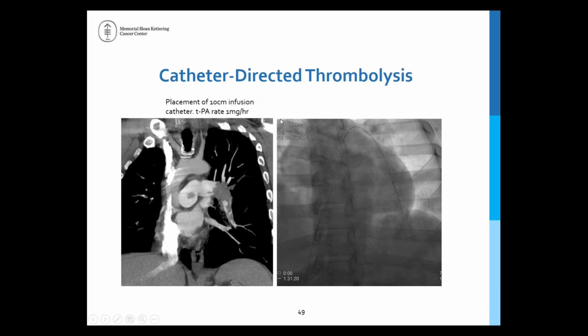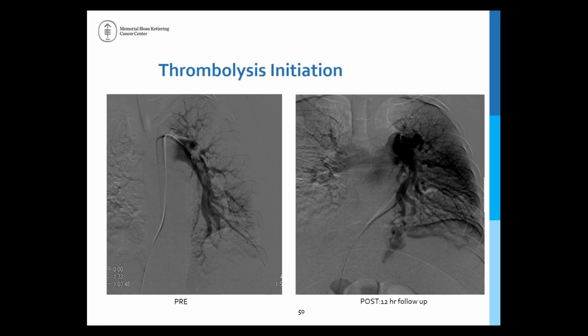So we initiated catheter-directed thrombolysis in this patient. And you could see that before the initiation of thrombolysis, there are a lot of filling defects. The right lung isn't filling well.